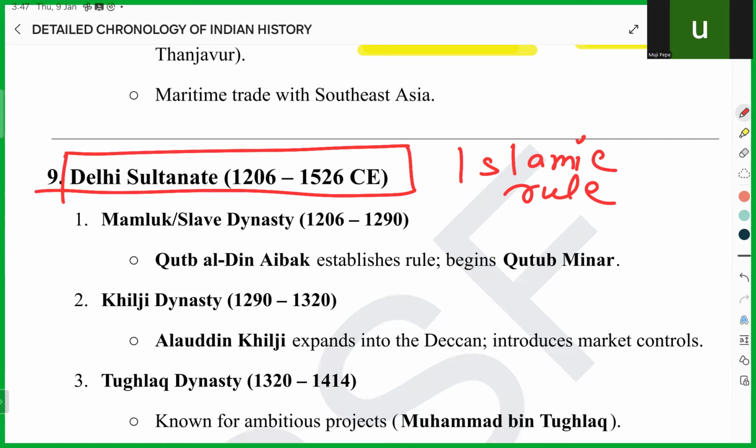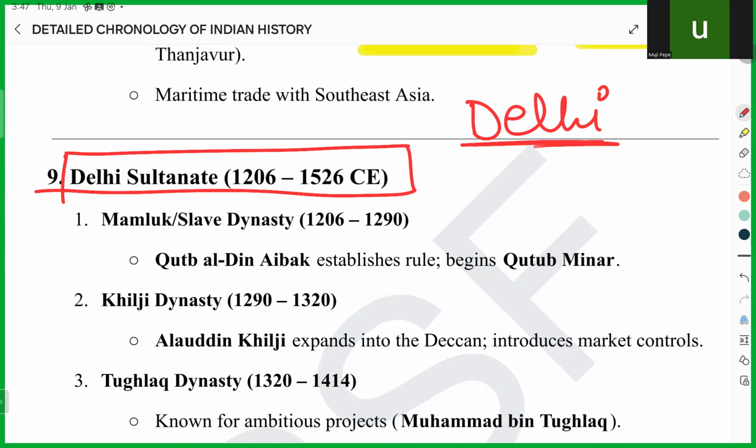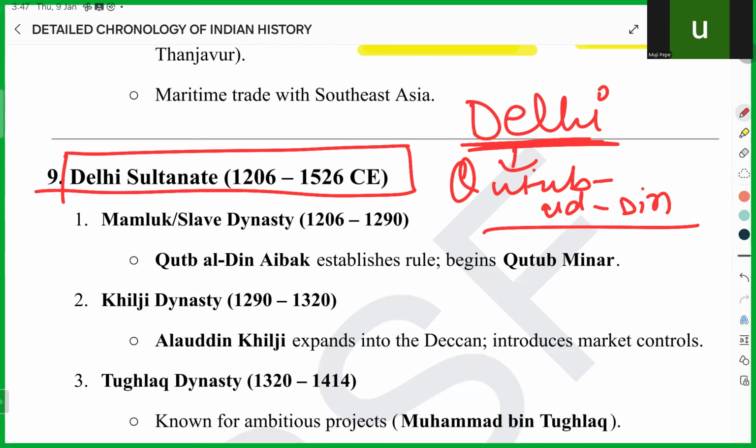See, what I'm telling is that Prithviraj Chauhan lost the Battle of Tarain. Delhi was captured. And a person whose name was Qutubuddin Aibak, who was a slave, was basically instated as the ruler of India.